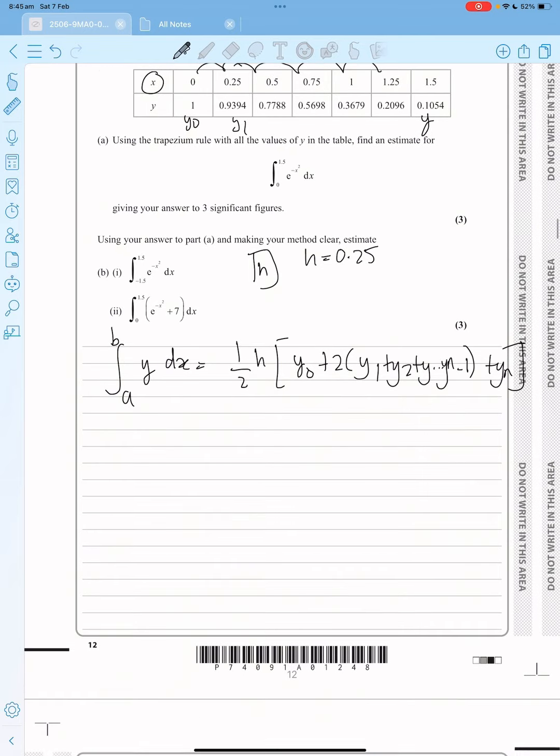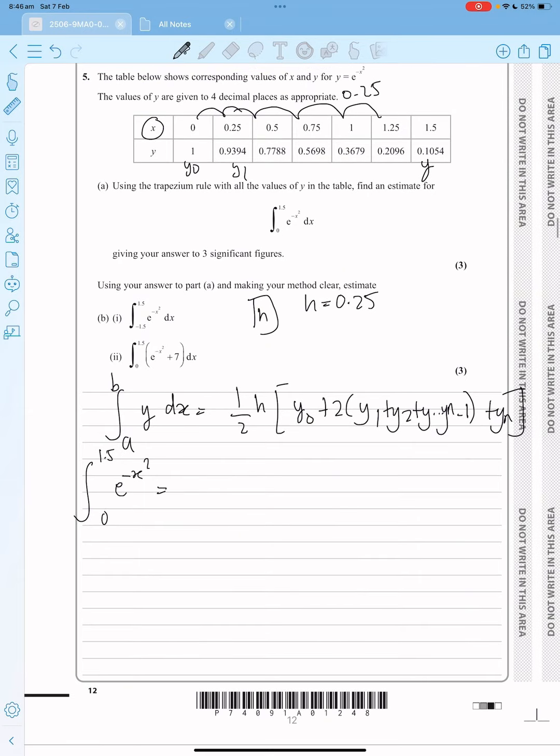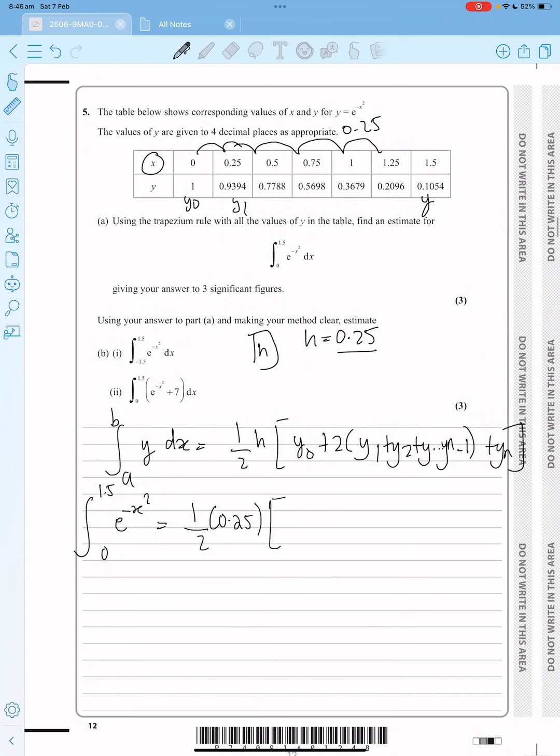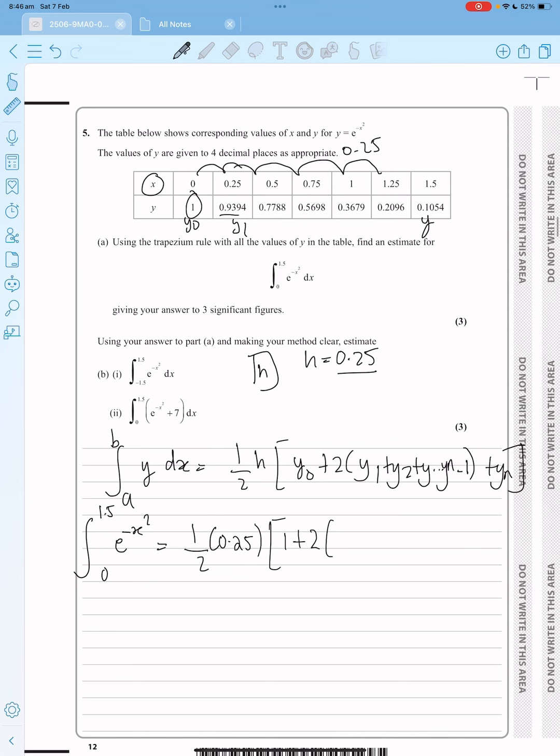So in this case, let's start solving. The integral from 1.5 to 0 of e to the minus x squared would be a half times your height, which was 0.25, times y0, which is 1, plus 2 times y1, y2, y3, y4, and y5.